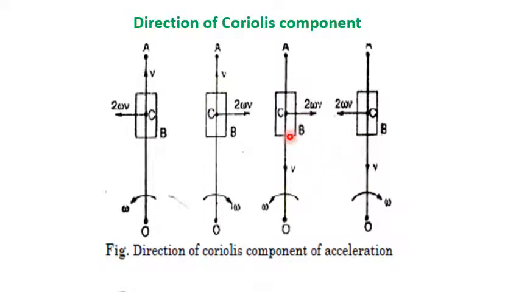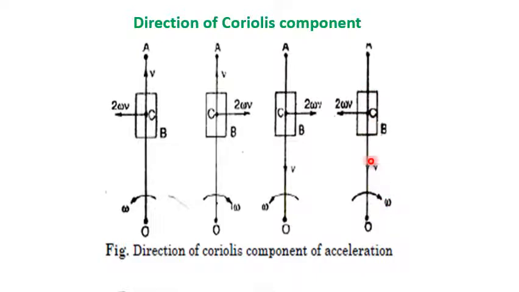In the third case, velocity is acting in the reverse direction, not forward but backward, and the link OA is rotating in the anti-clockwise direction. Therefore the Coriolis component is acting in the reverse direction to the rotation of the link. Similarly, in the fourth case, velocity is acting in the backward direction and the link is rotating in the clockwise direction.